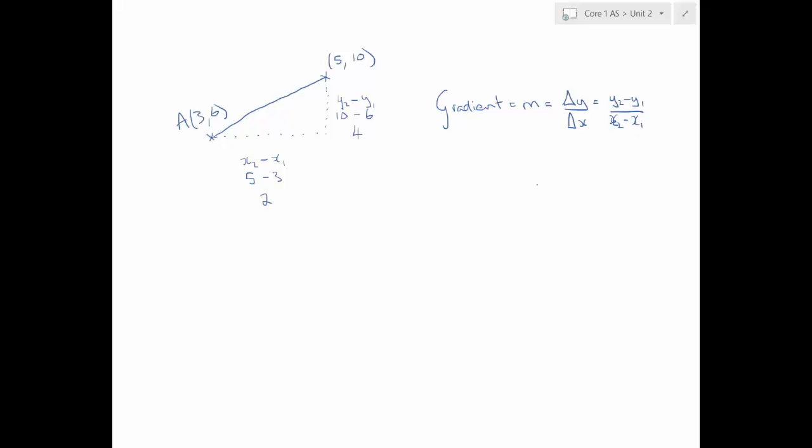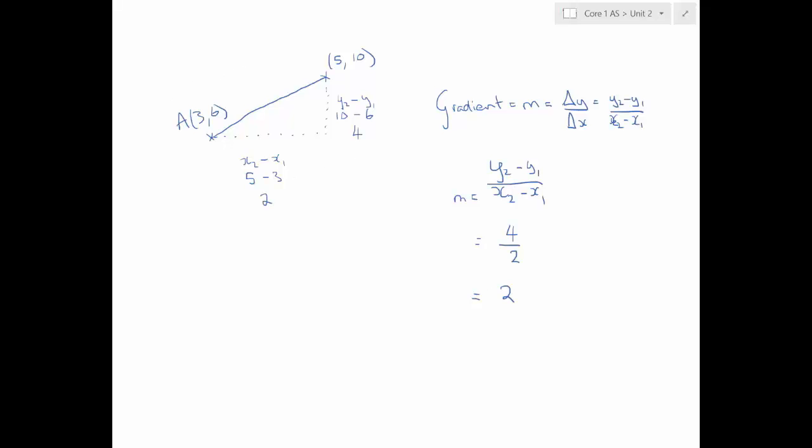So in our example, the gradient, which is y2 minus y1 over x2 minus x1, will give us 4 over 2, which simplifies to 2. So this line has a gradient of 2.